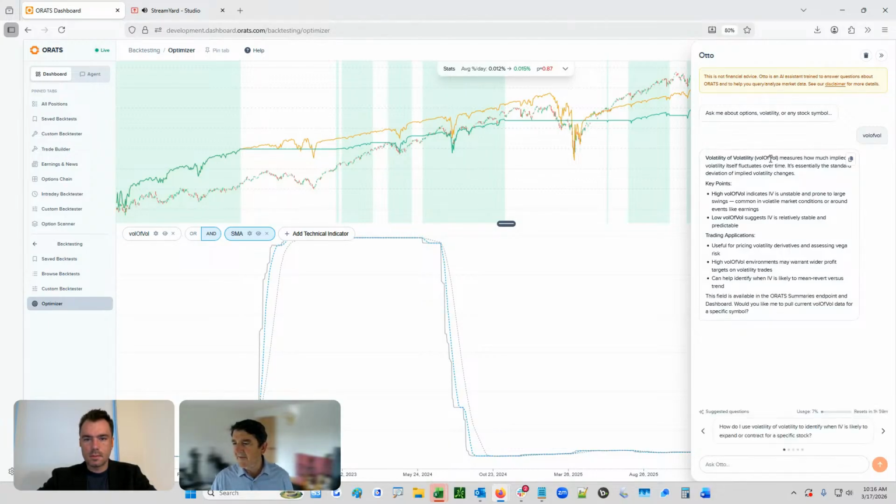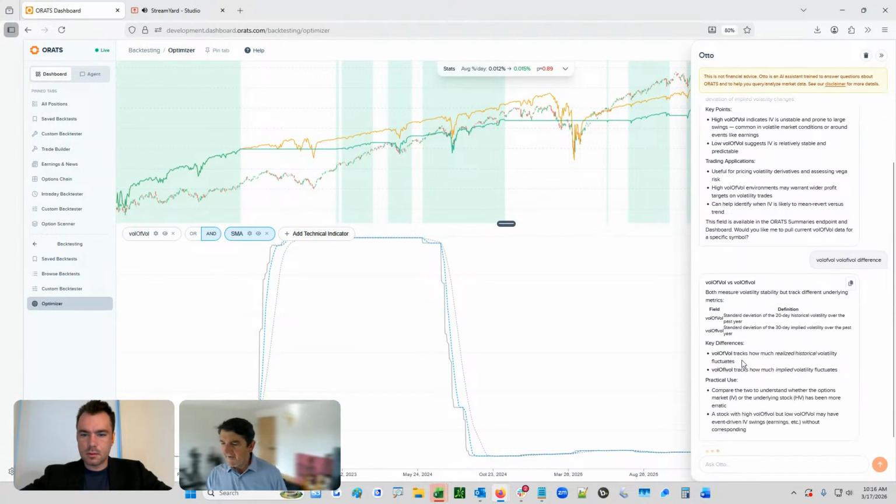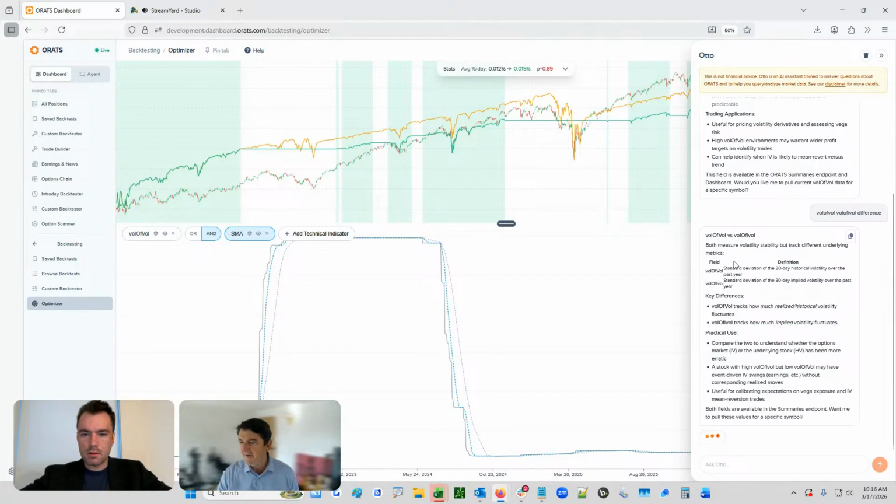Actually, this isn't right. This is the vol. So we have a vol of the eyeball, and we have a vol of vol, right? Okay. So the vol of the eyeball uses the standard deviation.